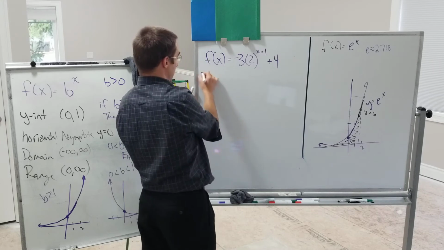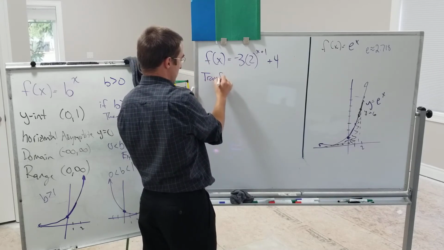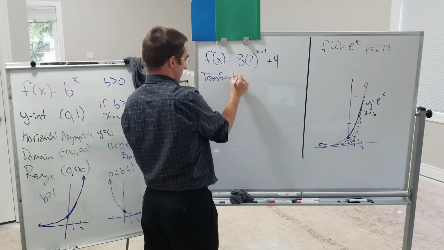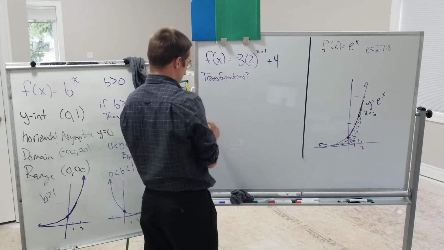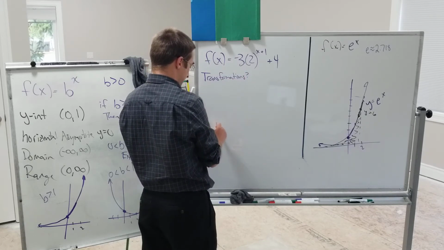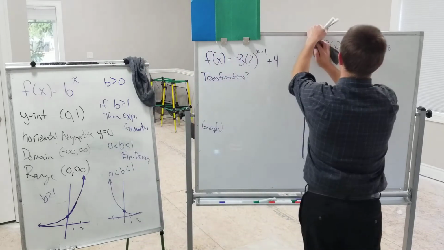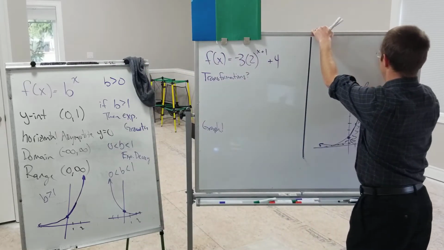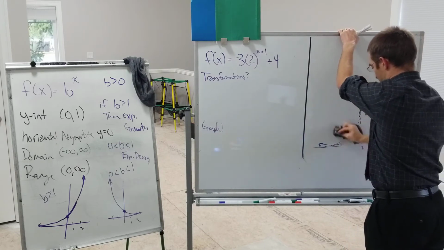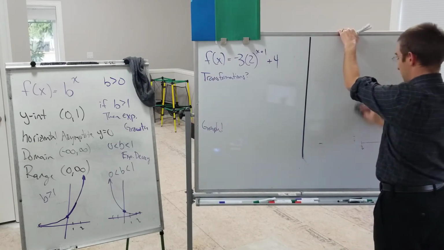What are our transformations? And then sketch the graph. So I'll let you go ahead and state your transformations while I erase over here. And what's the parent function? I should ask that too.